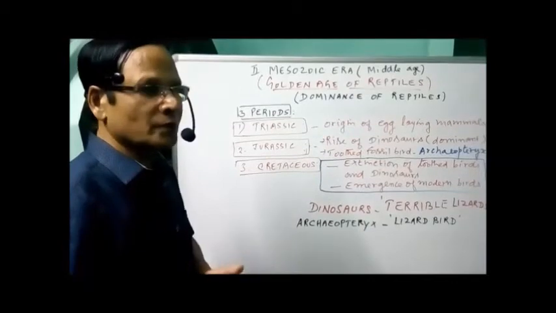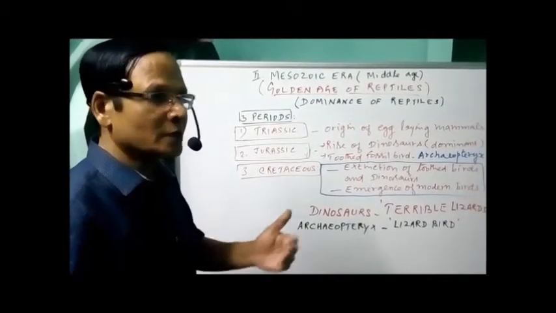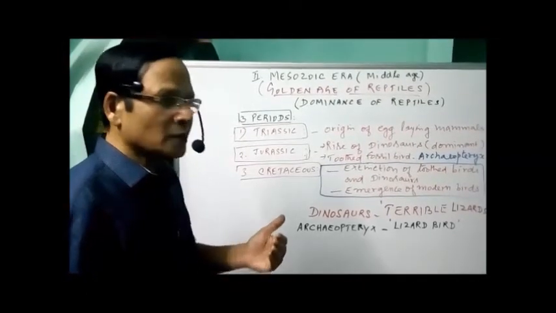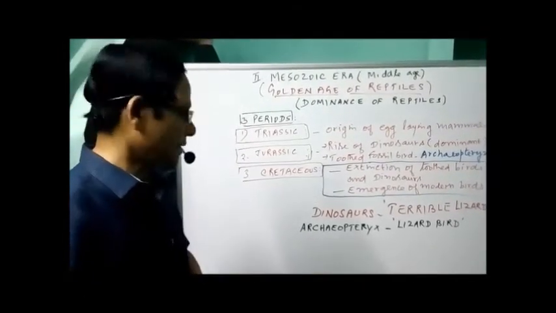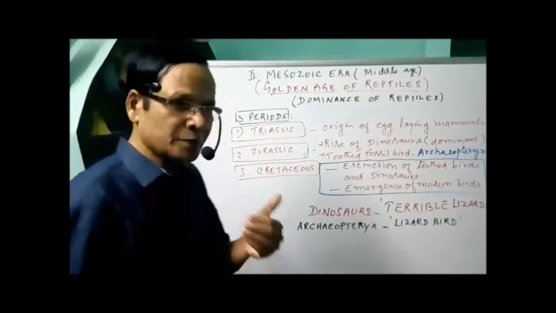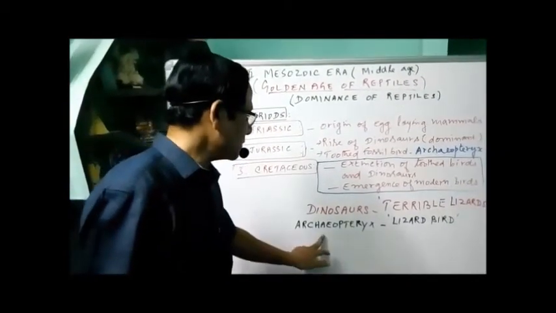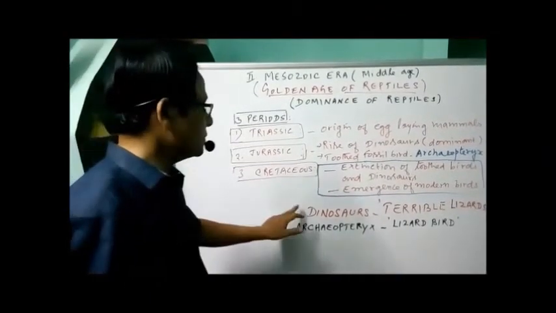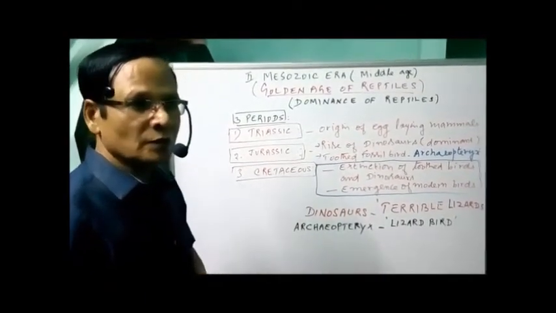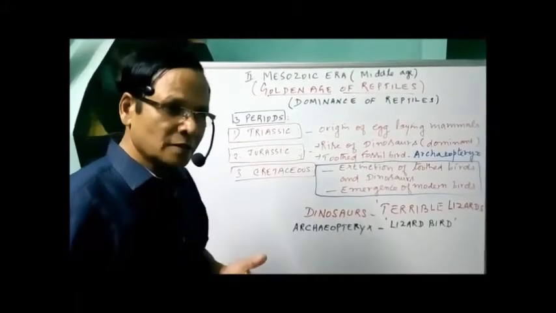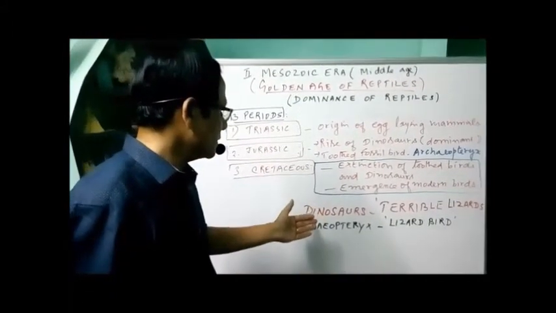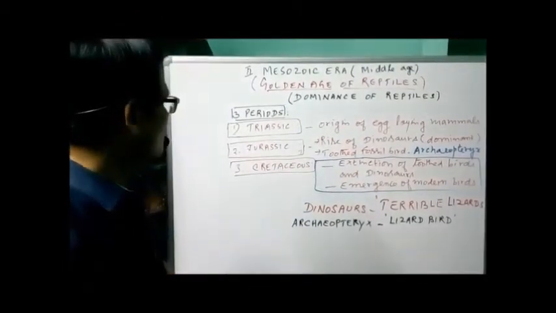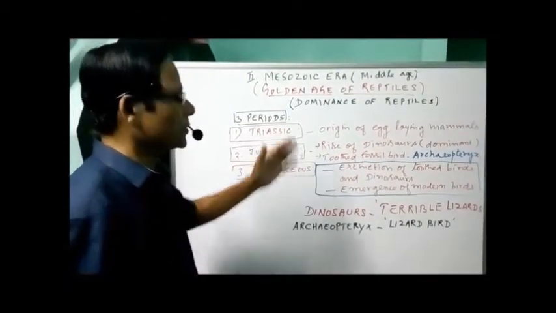That is an extinct form, a connecting link between the birds and reptiles, because it has both reptilian and avian characters. As it has reptilian characters, it's aptly called the lizard bird. Now the dinosaurs were the largest of reptiles, even larger than the mammals. That's why they were regarded as terrible lizards. So they were dominant during the Jurassic period.